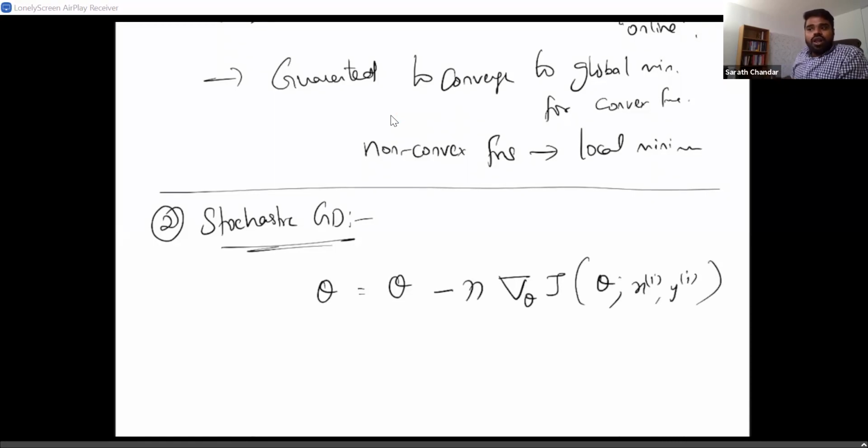Instead of using all the examples, we just take one example, update, then the next example, update. This is useful in many situations. For example, if there are a lot of similar examples in my data set, then full batch goes through all the examples before updating. On the other hand, SGD updates for every example, so I'm going to get better and better. So this is usually faster.